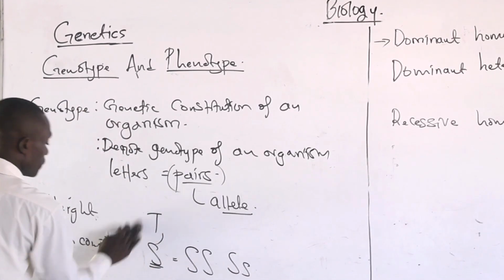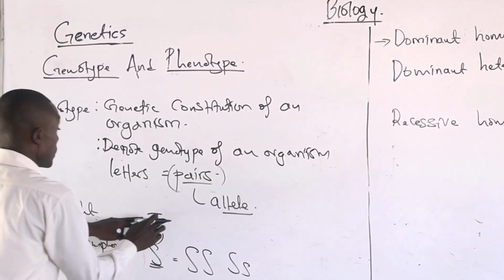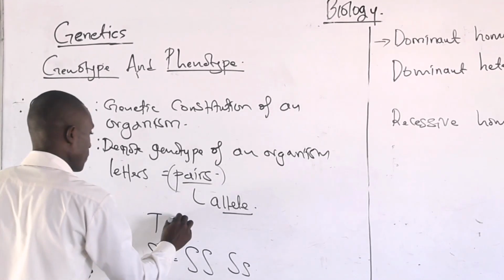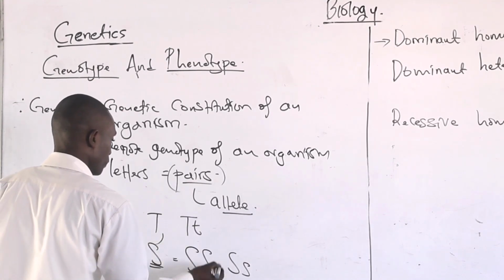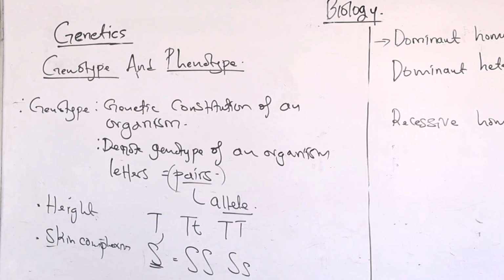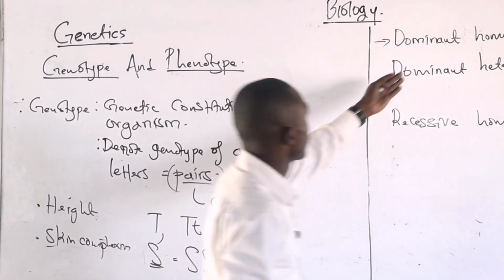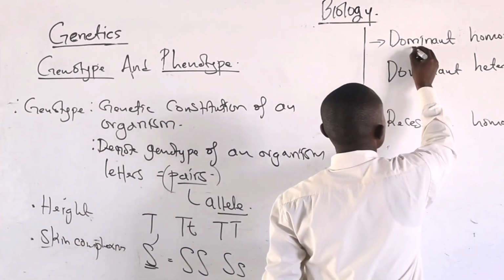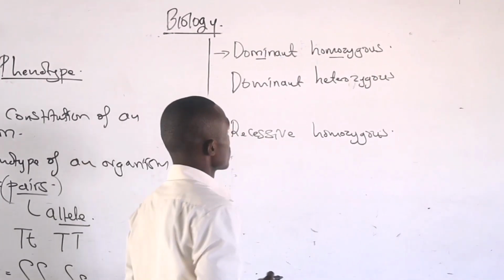We have letter T to represent the gene for height. Then the alleles can be arranged like this or like this. So if we use these and put them here, we can say dominant homozygous.